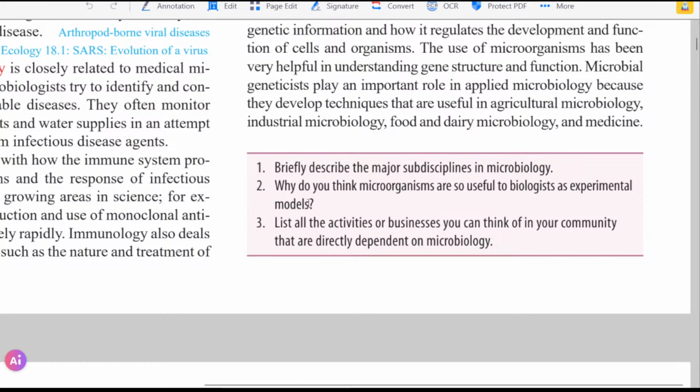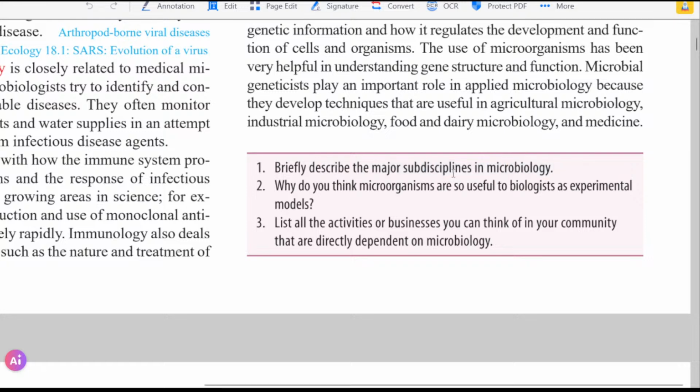Number 1, briefly describe the major disciplines in microbiology. Guys, everything related to microorganisms is a subdiscipline in microbiology. Bacteriology, virology, algology, mycology, microbial ecology, food microbiology, industrial microbiology, everything are the major.